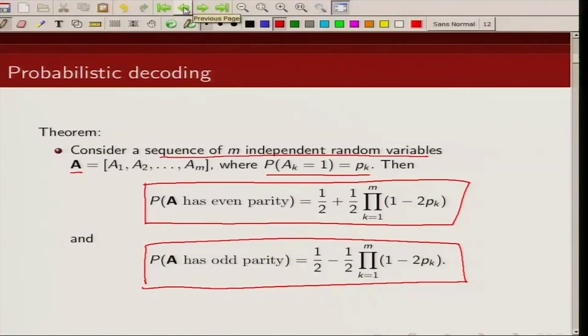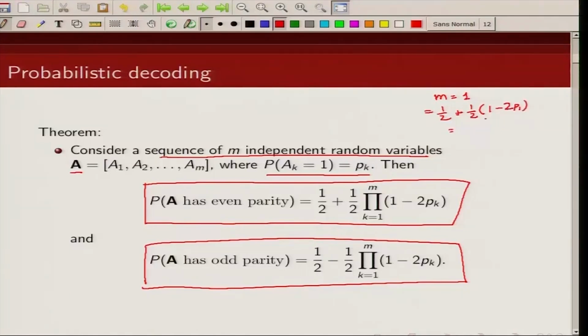Now, the same result can also be proved using mathematical induction. If you want to prove it using mathematical induction, let us take m equal to 1. For m equal to 1, we get half plus half (1 minus 2p1).